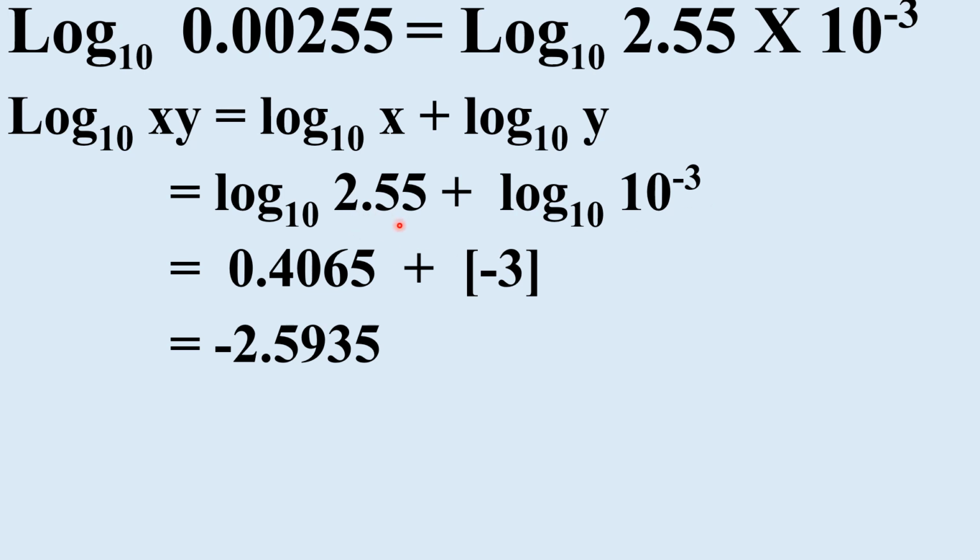The value of log 2.55 is 0.4065 and that of log 10 raised to the power minus 3 is minus 3. Thus 0.4065 minus 3 is equal to minus 2.5935. Thus the value of log 0.00255 is minus 2.5935.